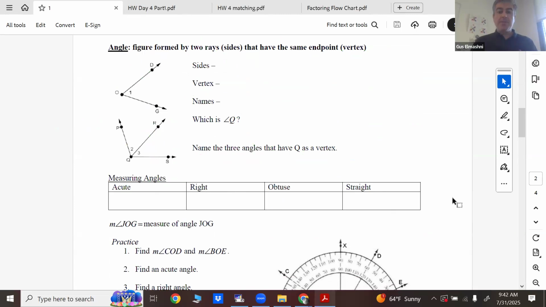Angles, yes, we talked about this the other day. An angle is when you have 2 rays that have the same endpoint. The similar endpoint is called the vertex. So in this case here, my sides would be ray OD and ray OG.